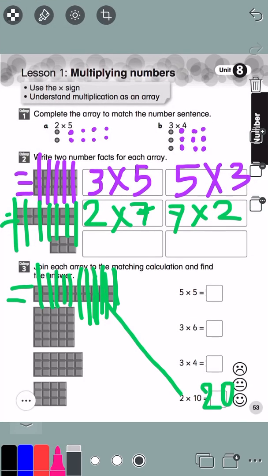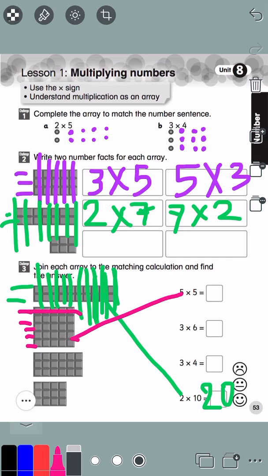Now here we have 1, 2, 3, 4, 5 rows and 5 columns. 1, 2, 3, 4, 5. Okay, so this is 5 times 5. And the answer is by counting in 5s, 5 times.